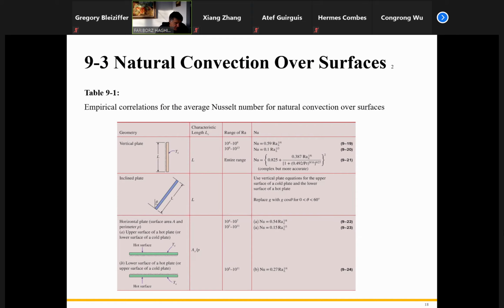It can be used from 10 to the power 4 to 10 to the power 13, therefore it covers the entire range. If you use this equation, it's supposed to give you a similar answer. There are some differences just because they have a curve and are trying to fit that curve in this equation. It is more complex, but not necessarily more accurate.